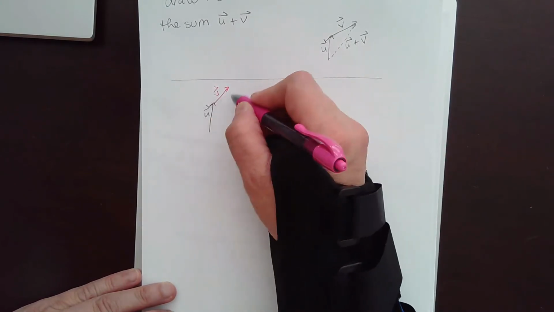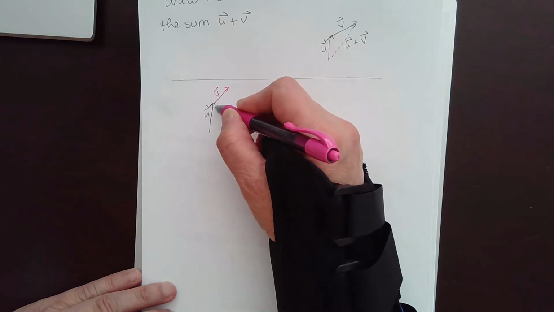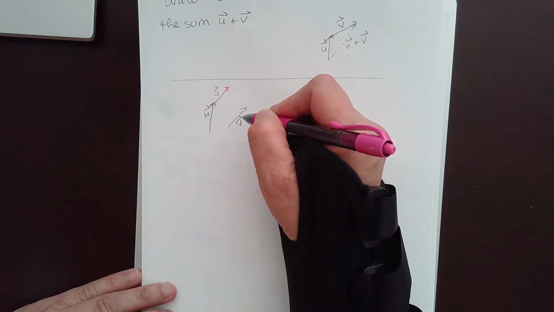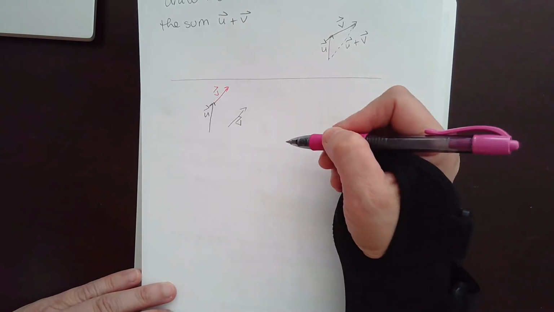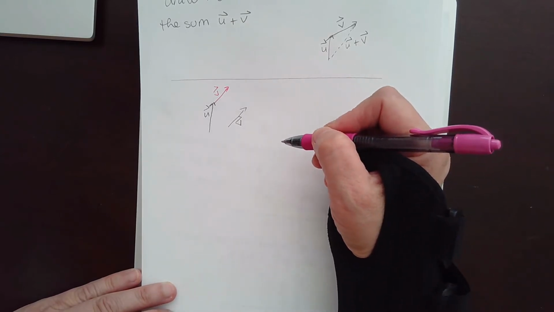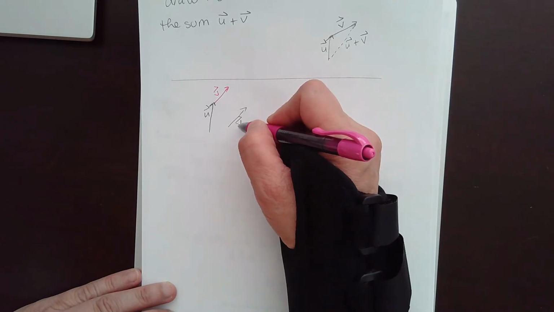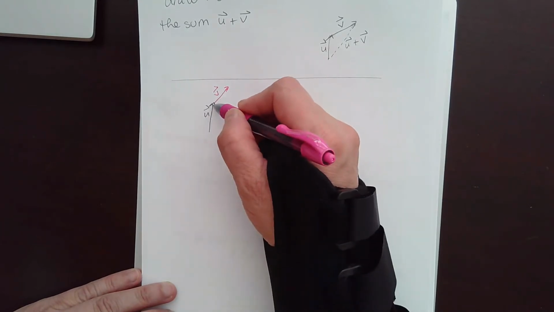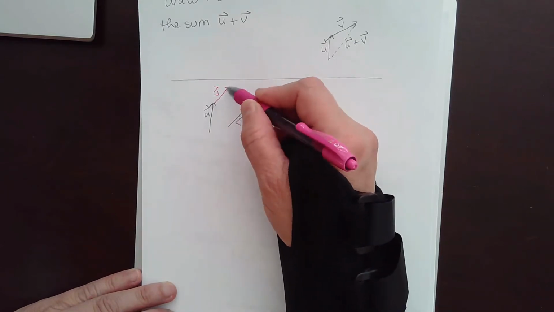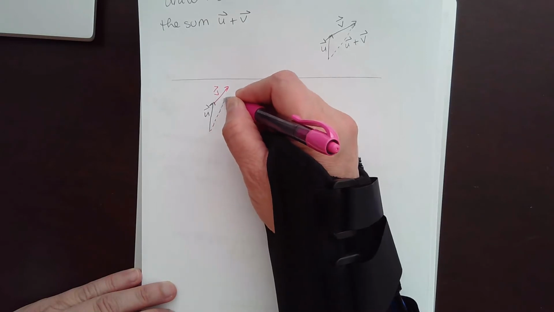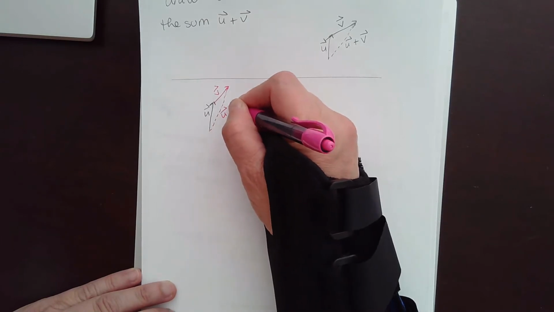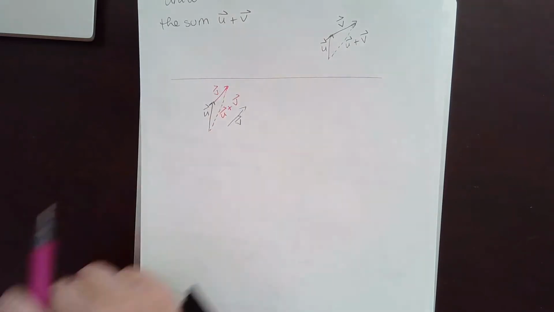So that's what you have to do in order to add the vector U and V. At least geometrically, this is what you have to do. So you draw vector V starting from the end of vector U. Same direction, same length. And then you find U plus V.